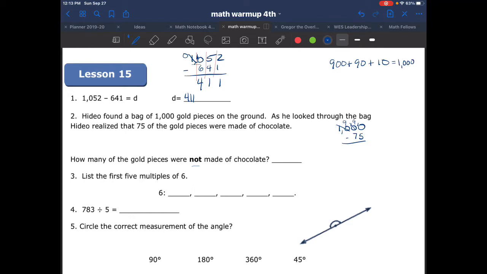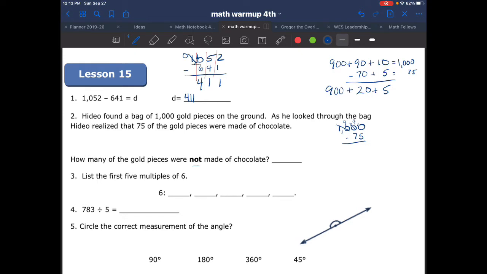But when we see 1,000 as 900 and 90 and 10, now we can take the 70 and the 5, which does equal 75, and we can subtract those parts. So 10 minus 5 is 5. 90 minus 70 is 20, and 900 minus nothing is still 900.